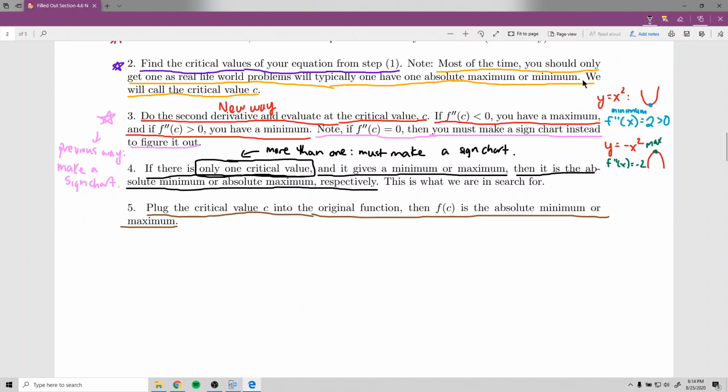But one thing I will note, just as a reminder, if you are given endpoints in your problem, you must plug those in and compare.